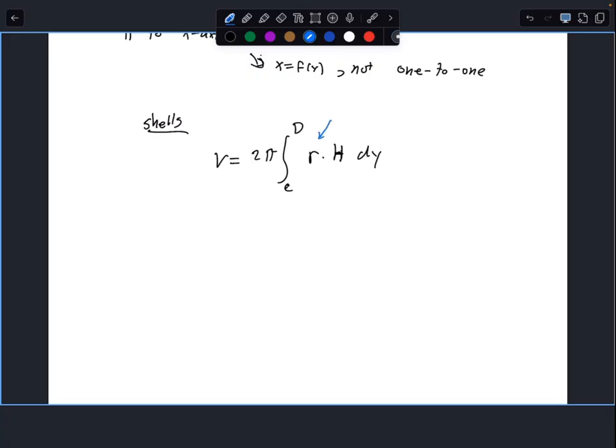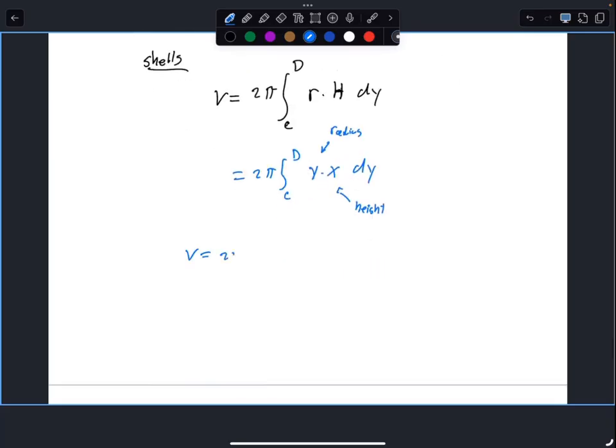You still get the same exact formula, 2 pi integral c to d of y x dy, where, like most people just remember, it's still x y. This y represents the radius, and this x represents the height. And so volume is equal to 2 pi integral c to d of y minus k times x right minus x left dy.